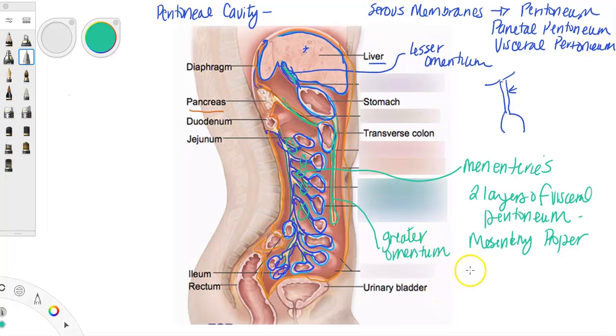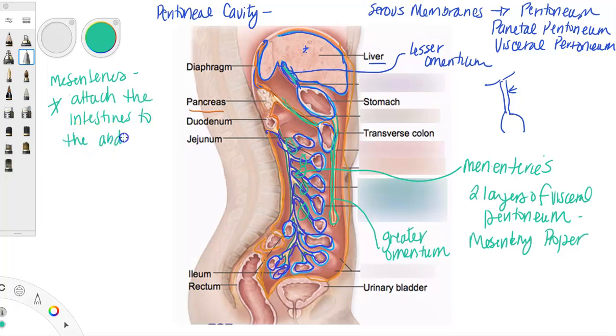So the mesenteries help basically attach the intestines to the abdominal wall. So let's come over here. So mesenteries attach the intestines to the abdominal wall.